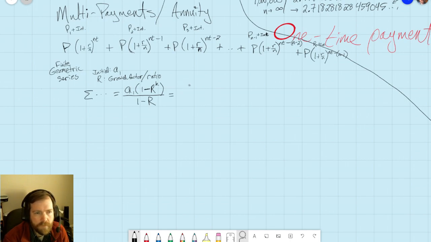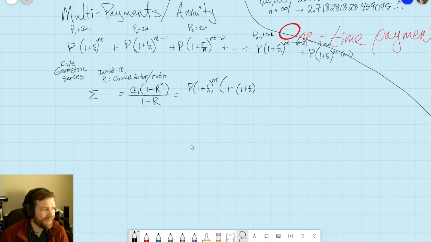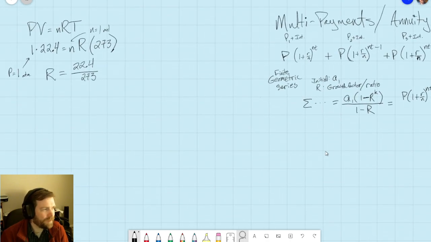Okay. So a sub 1 is going to be P times 1 plus R over N to the NT times 1 minus R to the K. Again, what is our ratio? So our ratio over all of this is 1 plus R over N to the NT, nope, sorry, to the minus 1. So we're subtracting 1. There you go.